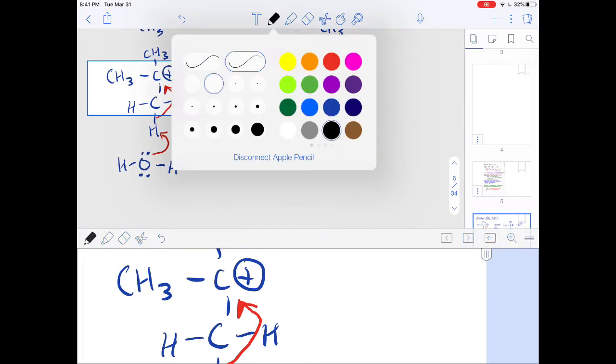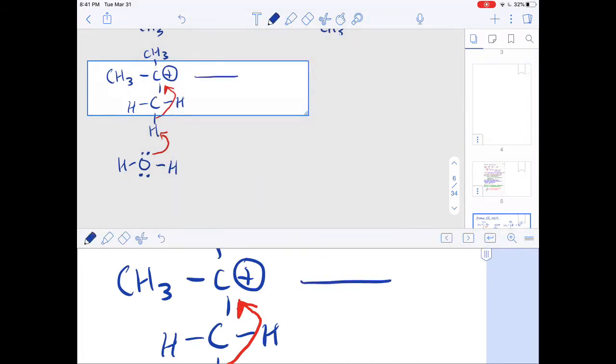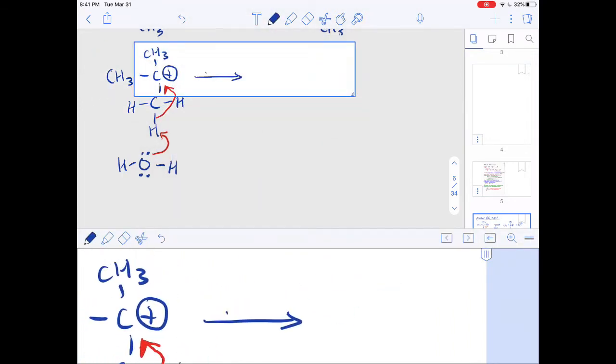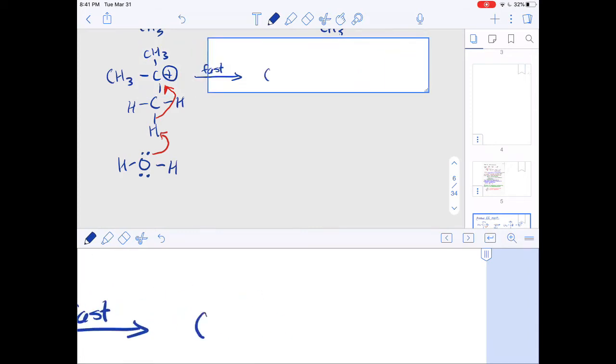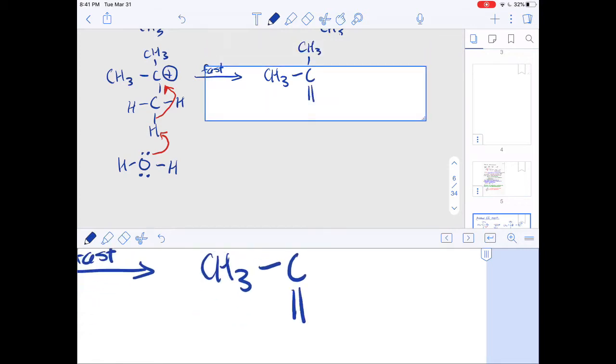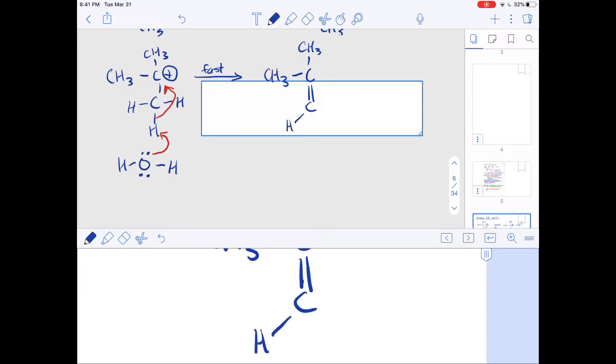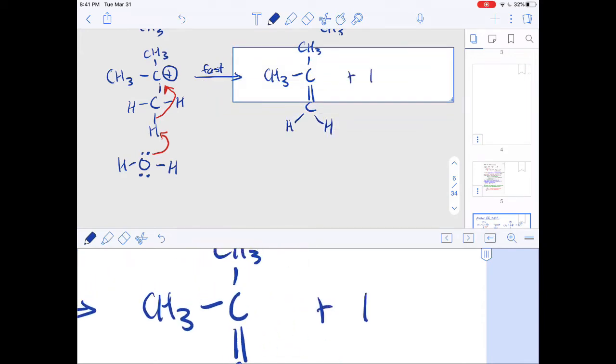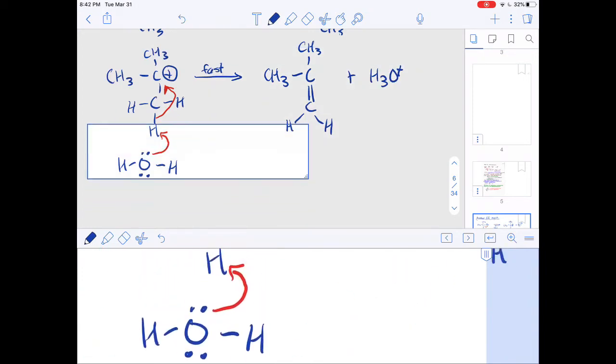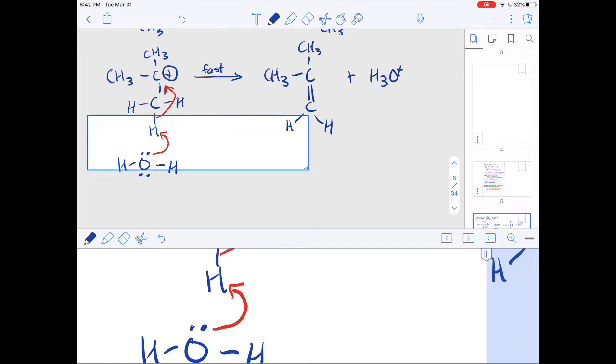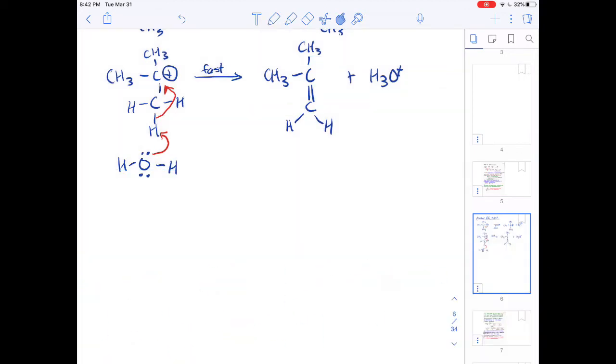And this is going to be an irreversible step, and it's going to be a fast step. So you'll end up with this as your final product, and H3O plus as your counter ion for H2O once it picks up the extra H.